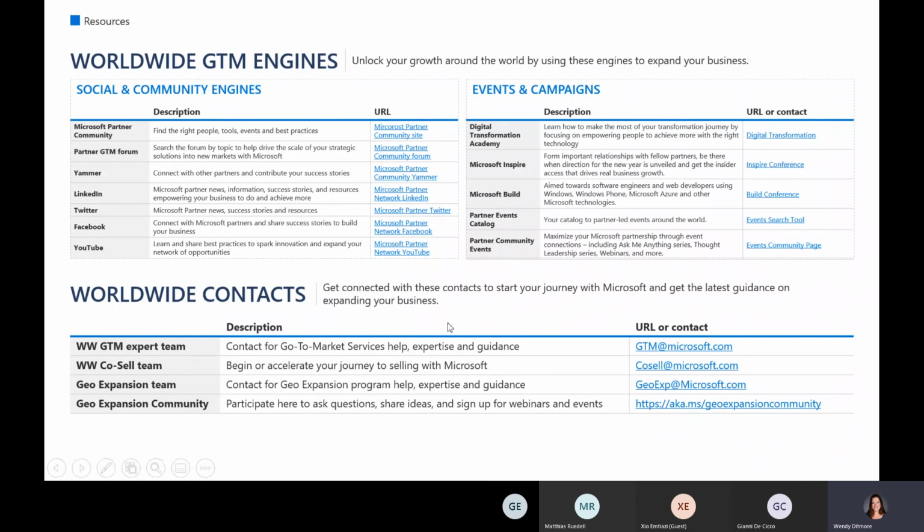Now part of the playbook that we provide you is, at the worldwide level, a set of recommended places where you should engage, or we would strongly encourage you engage, to learn about events, campaigns, community calls, places where you can advertise and showcase your solution along with any customer wins that you might have through these different resources that you see here. So we want to make sure that you are aware of all of these and take advantage of them.